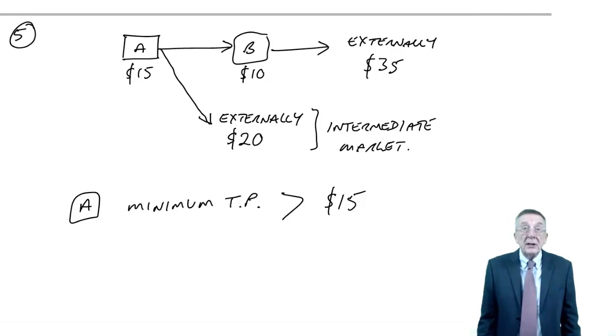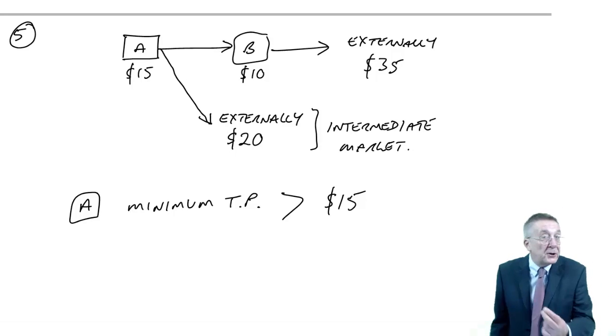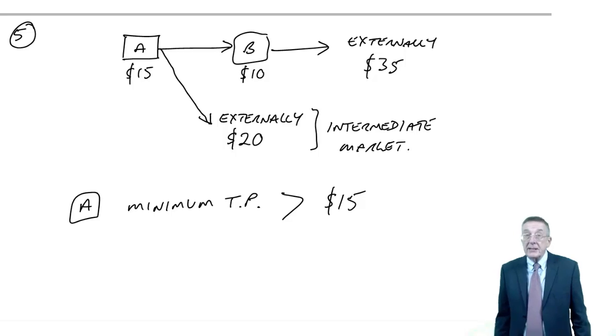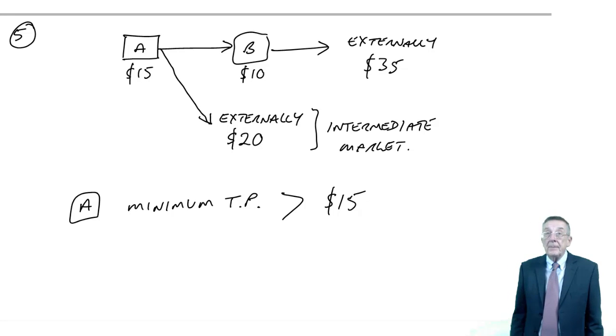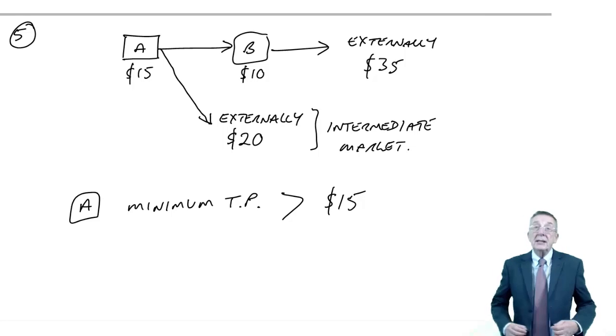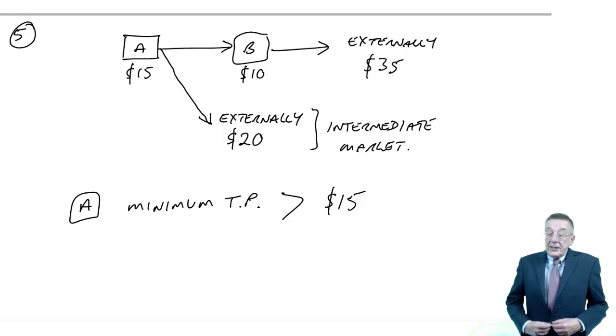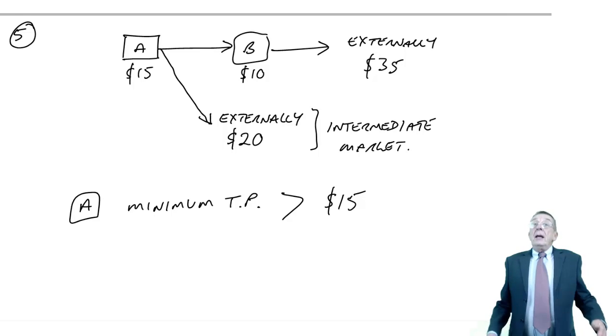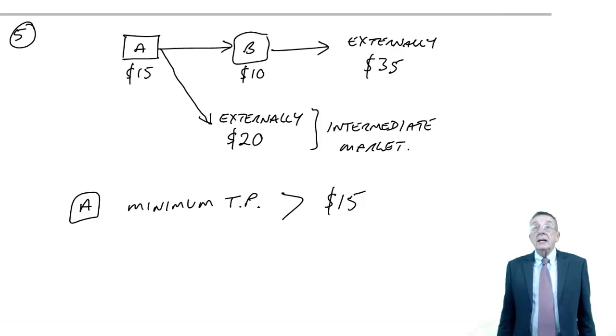And I'll produce more as long as I can sell them at a profit, but the only person who'll buy them is B. And provided B pays more than 15, then fine. You're still getting your $5 a unit on those sold externally. Get as much profit as we can from those sold to B. But as long as it's more than 15, it is worth selling to B.